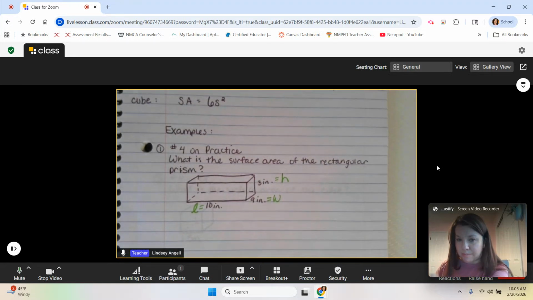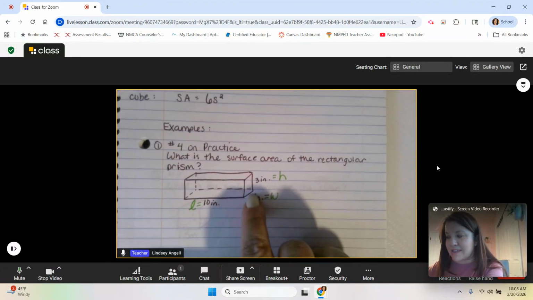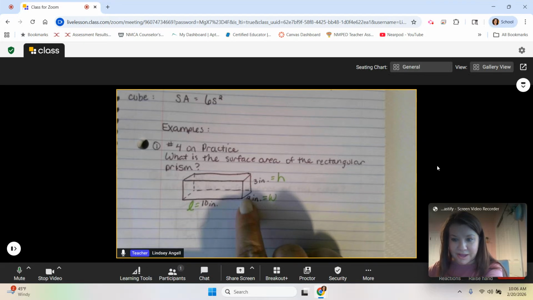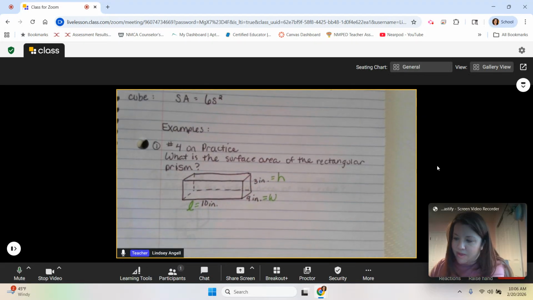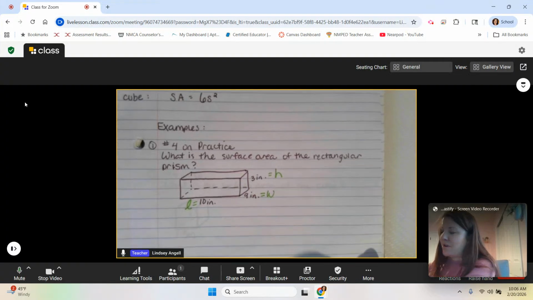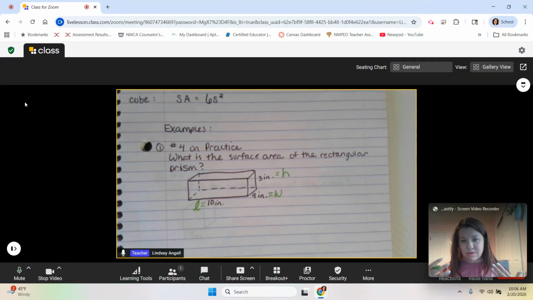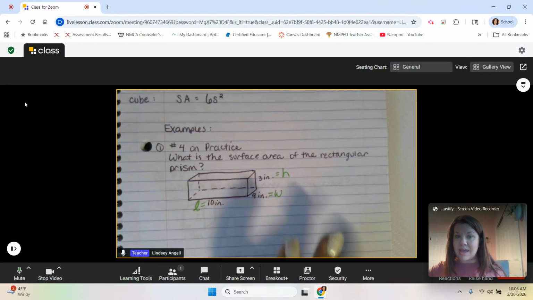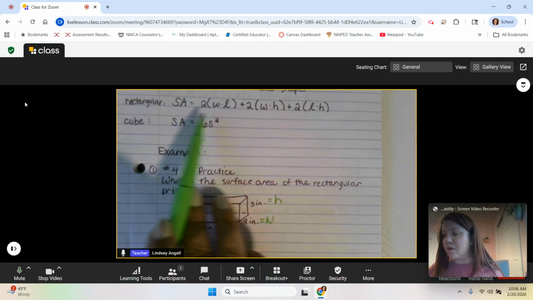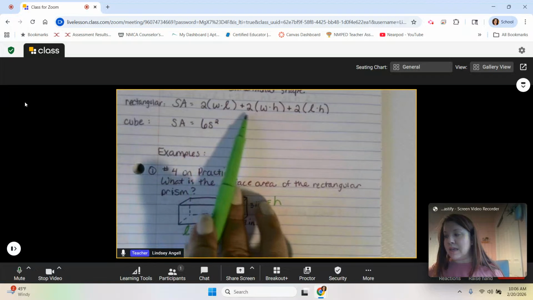Now, I tried to copy the drawing as best as I could from number 4, but you'll notice, compared to the height, this length right here does not look like 10, but we're just going to go with it, okay? So the formula that we're going to use, now, we have 2 of every type of side, okay? And that's why, with the formula, we're multiplying each area by 2.